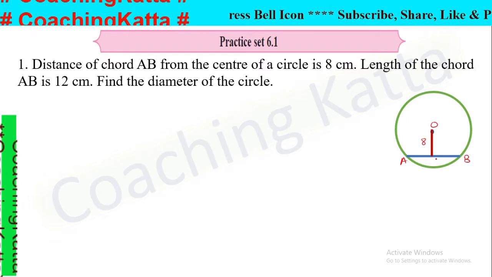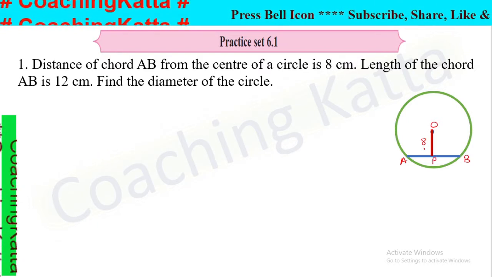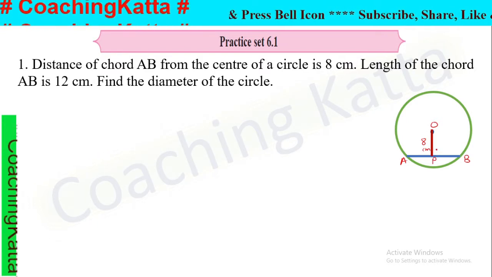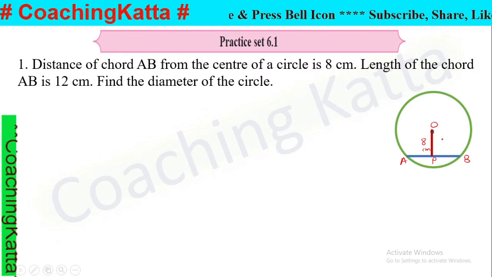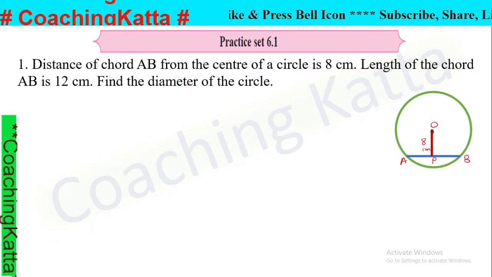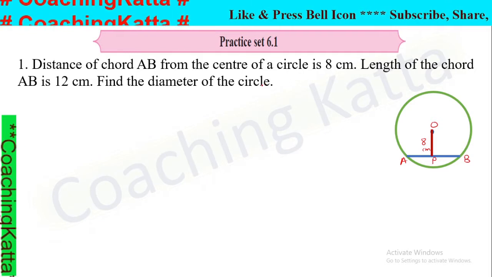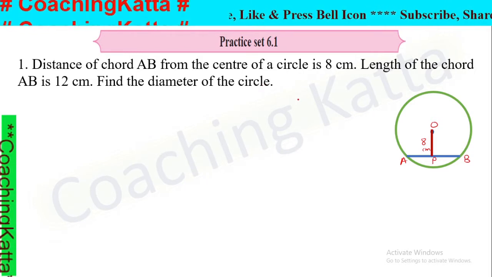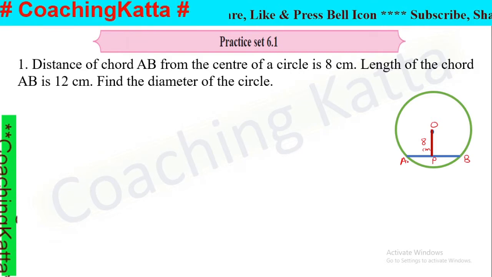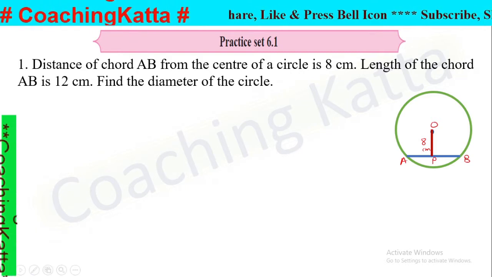So OP is 8 cm. And what we have to find is the diameter of the circle. So first we have to calculate the radius, means OA or OB.